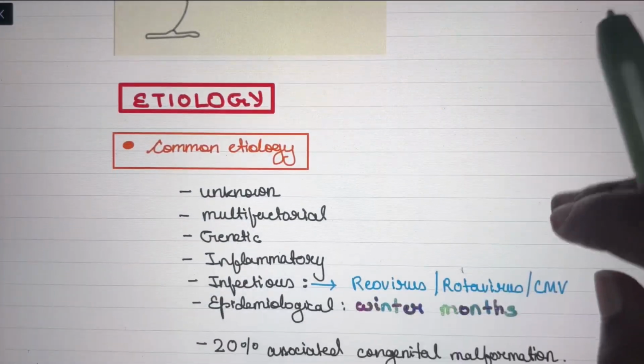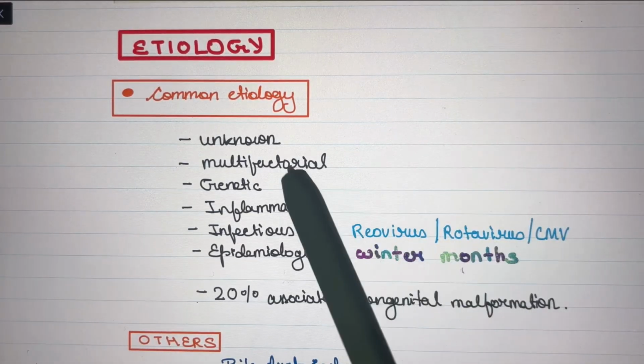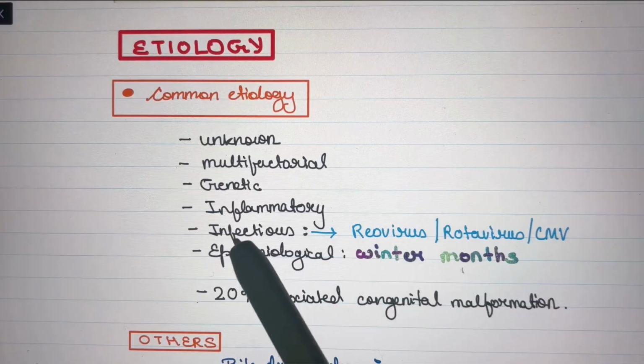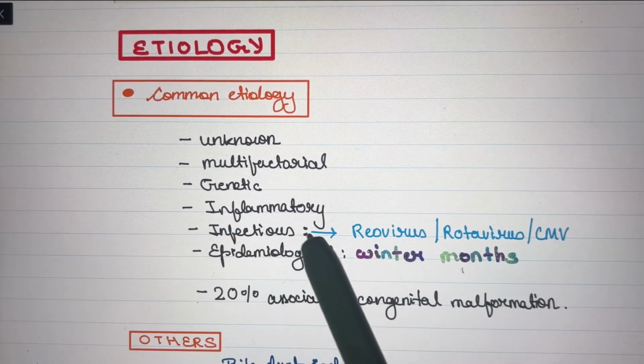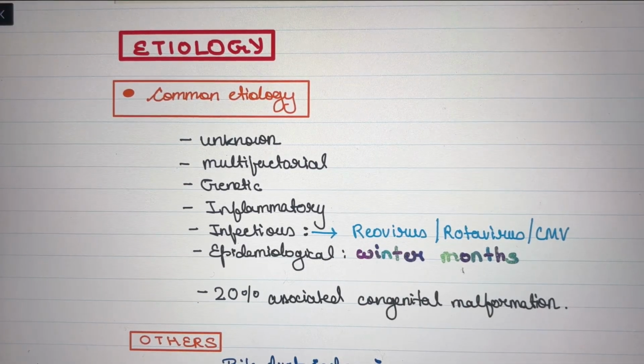Now etiology. Etiology is still largely unknown because there are many multifactorial factors because of which biliary atresia occurs. It can be unknown or multifactorial. There may be a genetic factor, inflammatory factor, or infectious factor like infection with reovirus, rotavirus or cytomegalovirus.